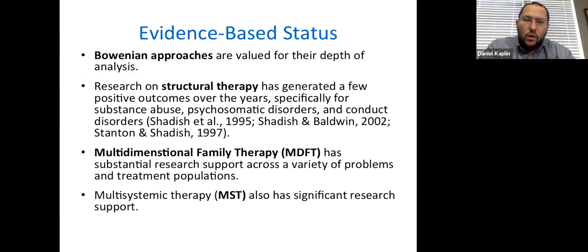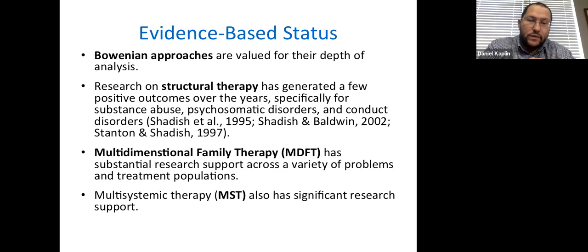So what is the research on this? Well, we tend to see that Bowenian approaches are credited for their depth of analysis, so that's great. And in terms of structural family therapy, there have been some research studies that have indicated that it works for substance abuse, psychosomatic conditions, conduct disorder.